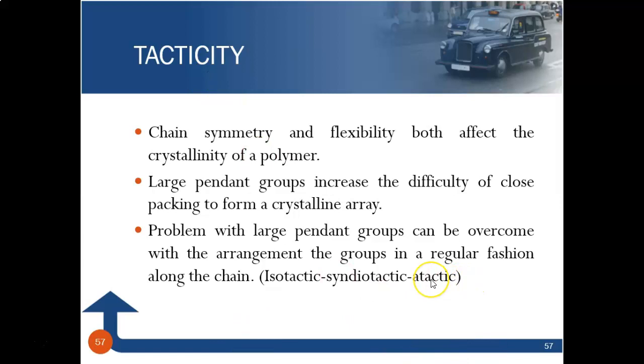Atactic has mostly amorphous region and is highly flexible compared to isotactic and syndiotactic. So isotactic is the most rigid, and the melting temperature is high compared to syndiotactic and atactic. Isotactic is also less affected by solvent penetration compared to atactic and syndiotactic.